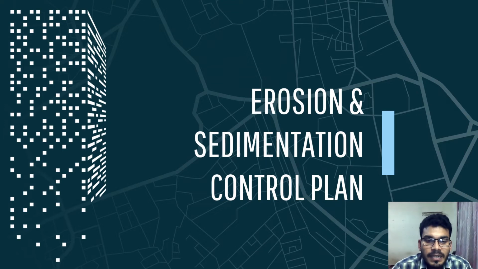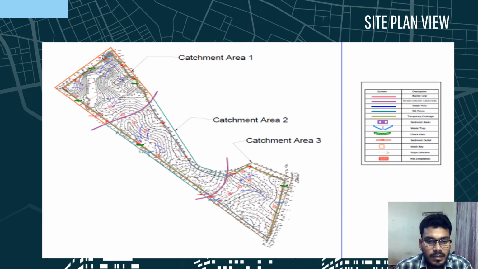The next department is the erosion and sedimentation control plan. In this part, as you can see in the side view, there are 3 catchment areas of our project site: area 1, 2, and 3.